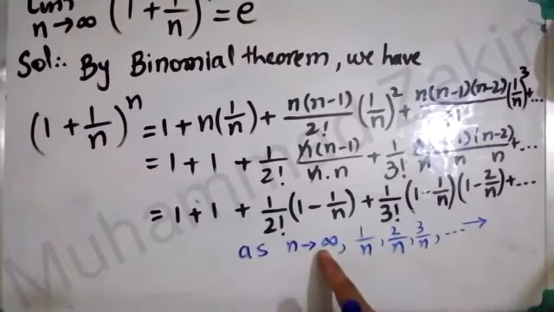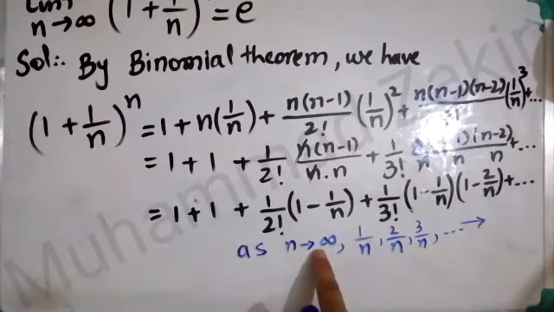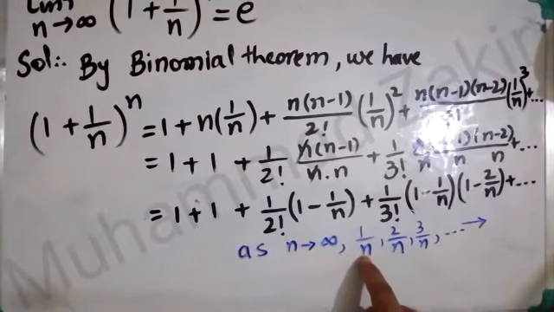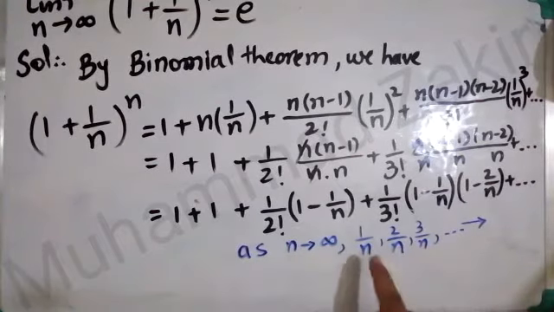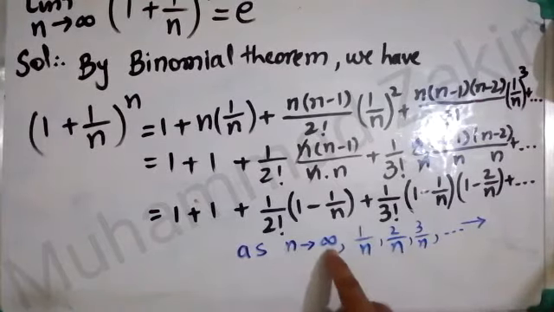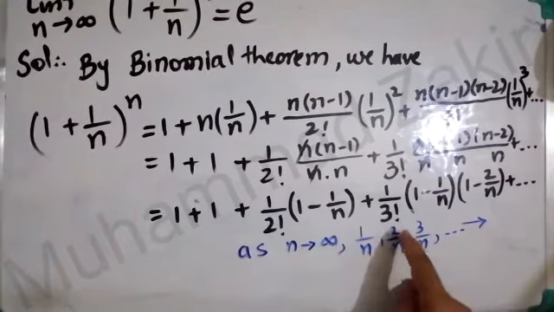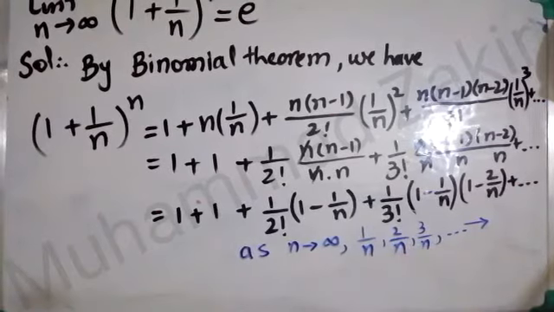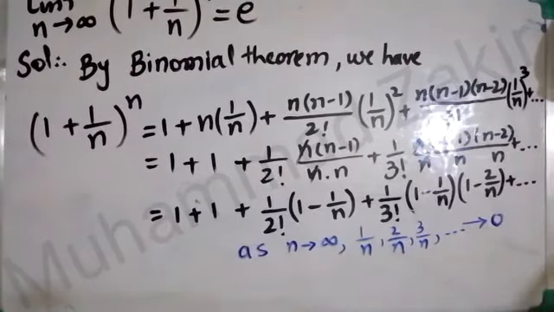What does it mean, n approaches infinity? Infinity is a very large value. When n approaches a very large value and n is in the denominator, with numerator 1, 2, 3, these are very small values. 1 divided by very large, 2 divided by very large, 3 divided by very large, every time the answer will be approximately 0.